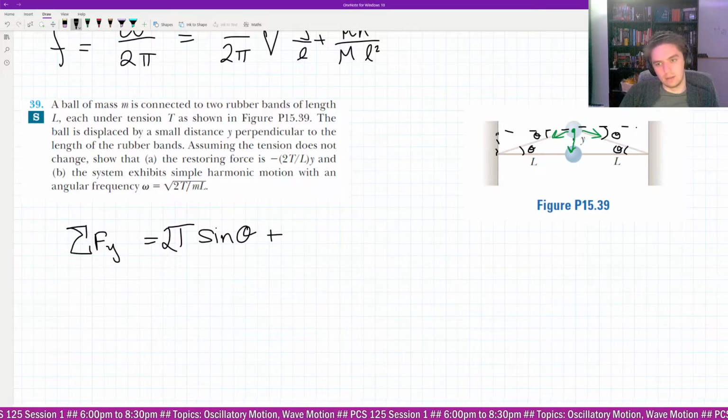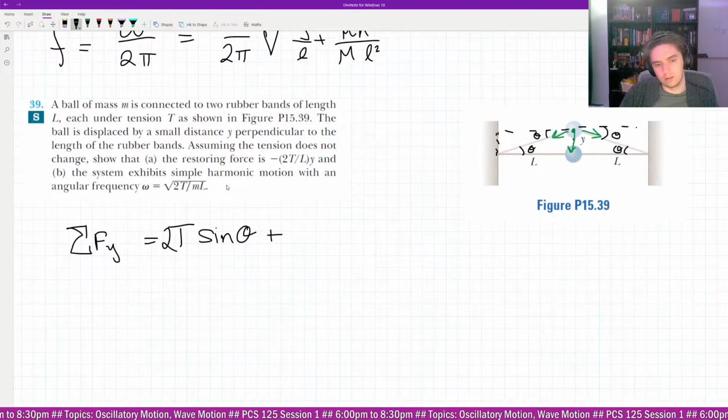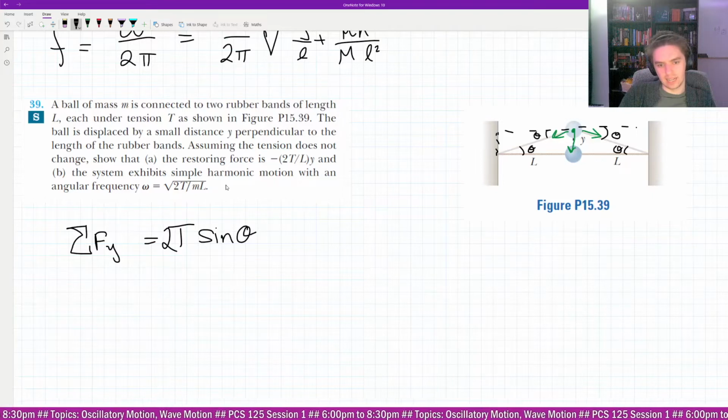And then the sum of the forces in the x direction is not part of the restoring force. So now we just know that the sum of the force in the y direction is 2T sine theta.